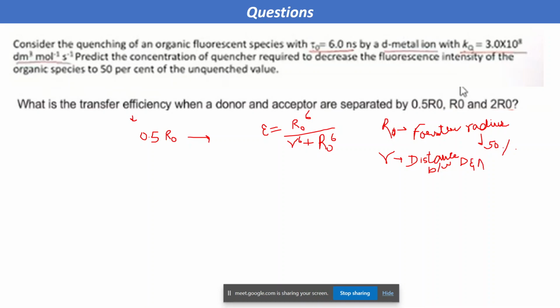Now in the question they are asking you to calculate the value of E if donor and receptor are separated by 0.5 R0. That means R is given as 0.5 R0.